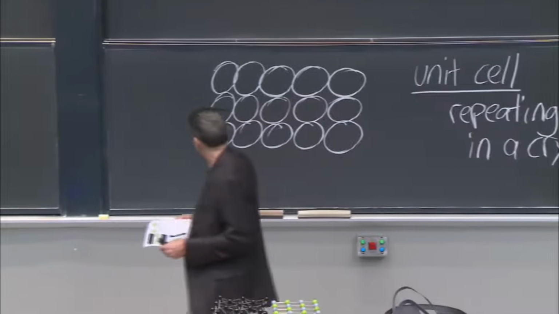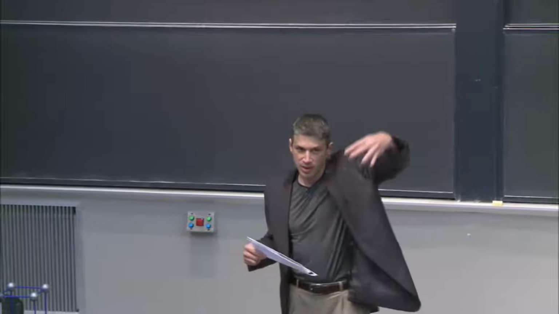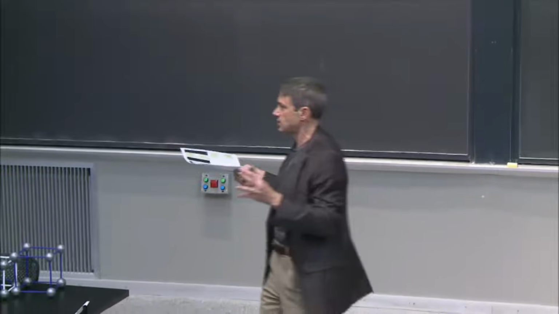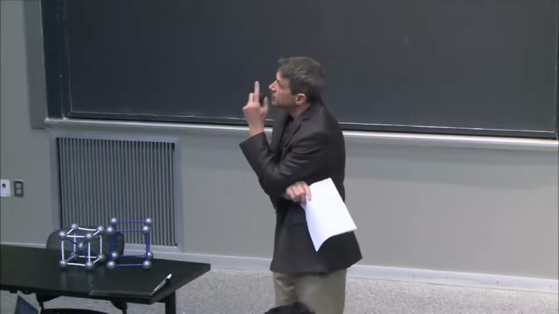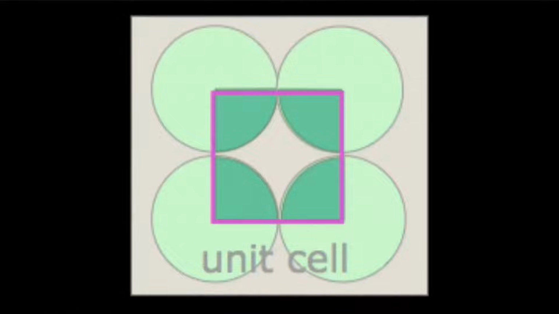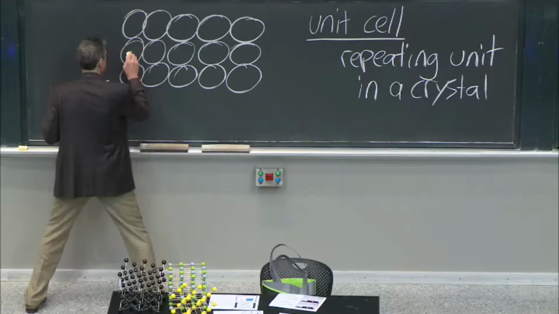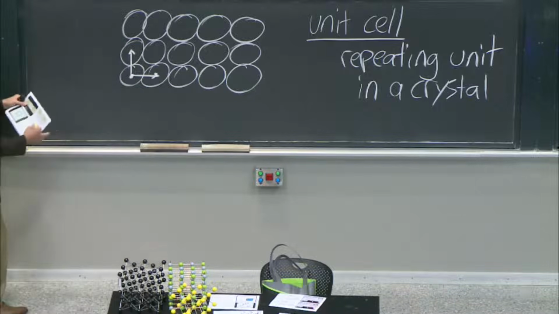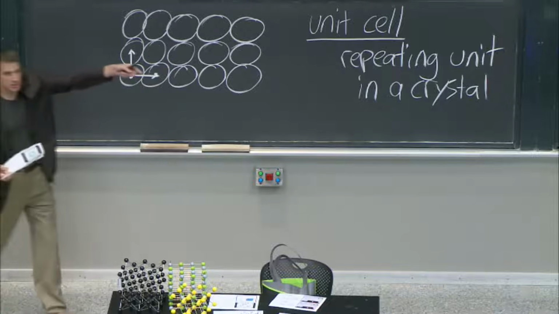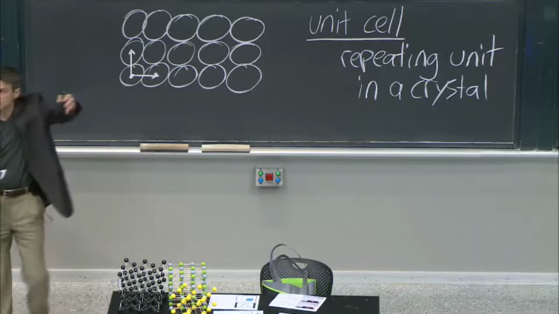Well, let's go back to the cannonballs for a minute, because we can think about this first in 3D. We're just warming up before we get to 3D. So there it is, that's a unit cell. I've drawn a unit cell, and notice what I've done. Those vectors define the unit cell.